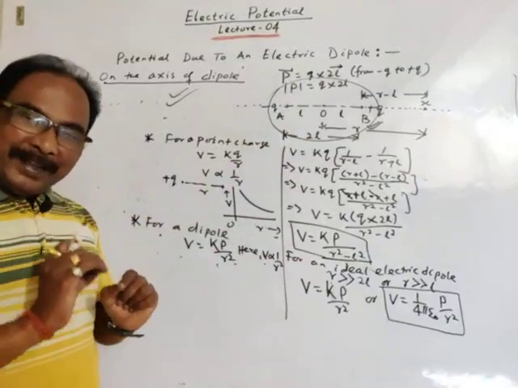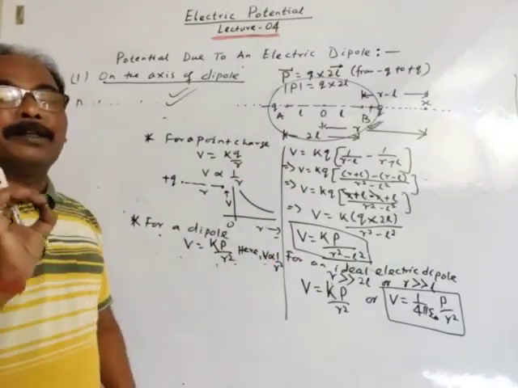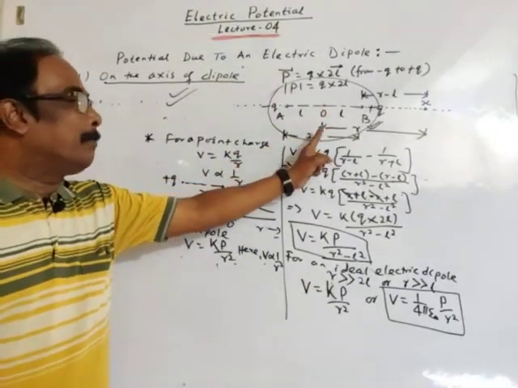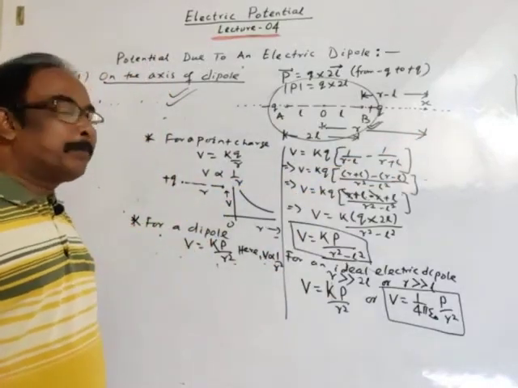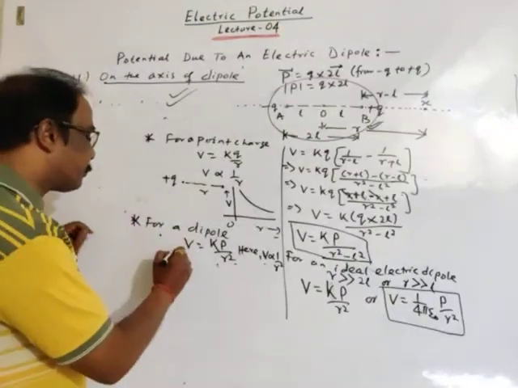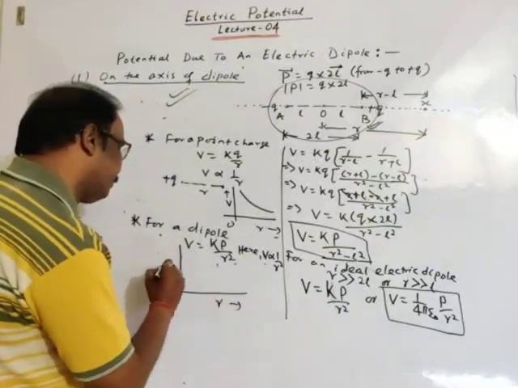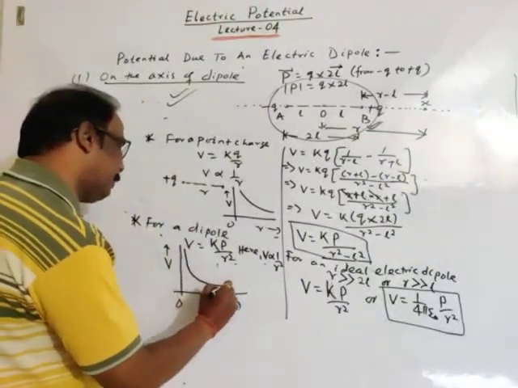From the center of the dipole the distance is r, and V is inversely proportional to r square. So this is distance, this is potential, then this is our required graph.